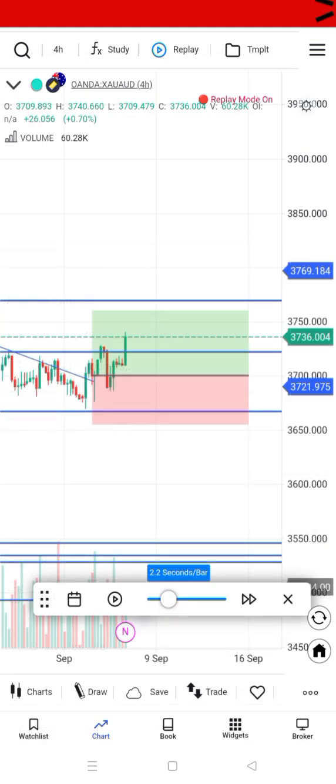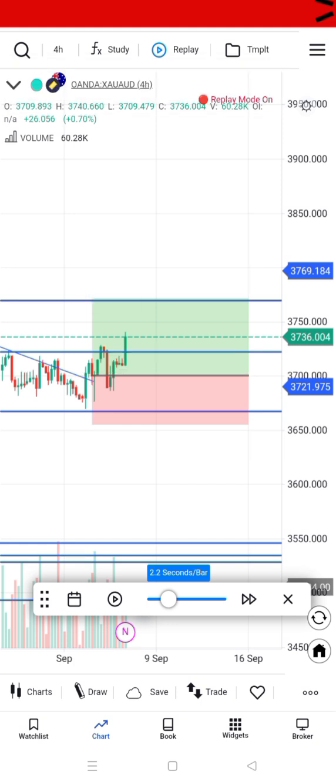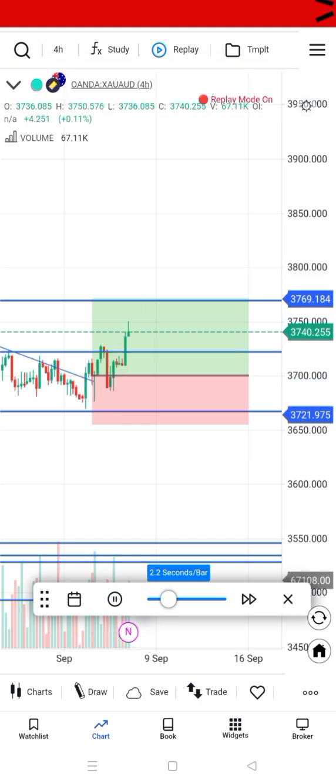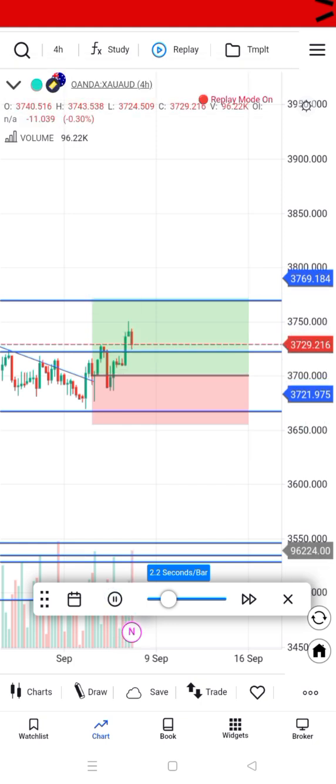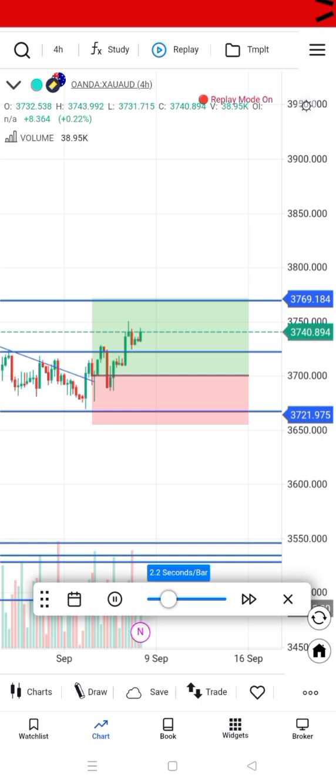So after the market went, I'll still wait for this market to see whether it will hit, and you see that was a risk ratio of 1.55. So the market still went, still holding the buy positions. And what did the market do?